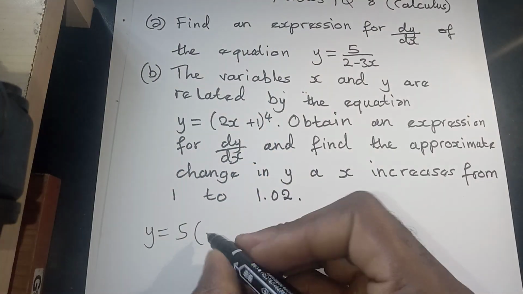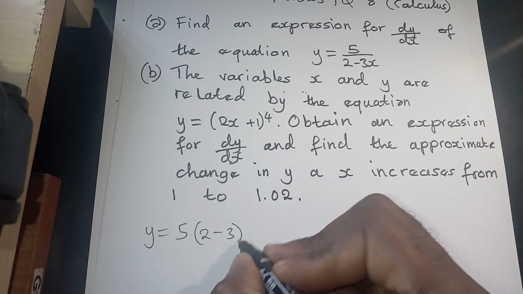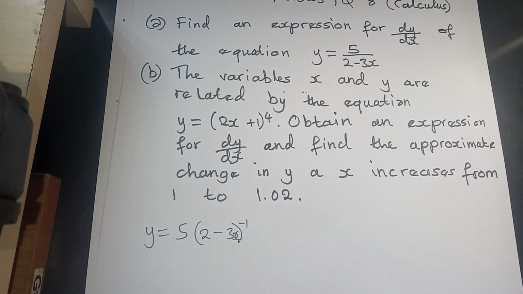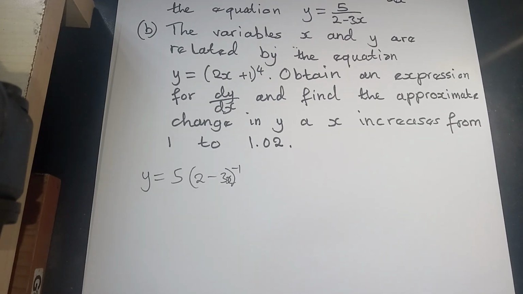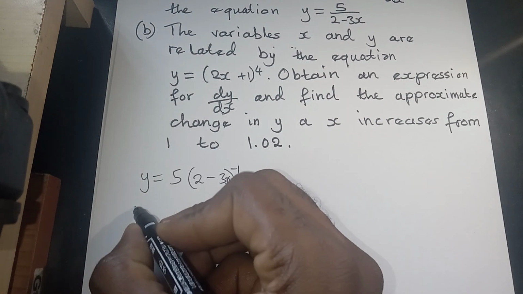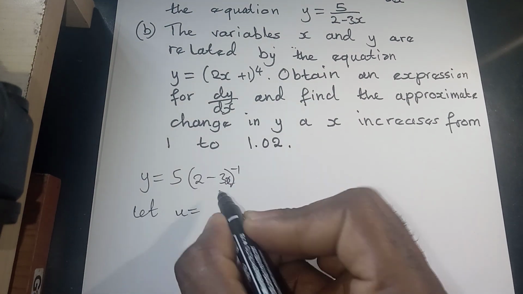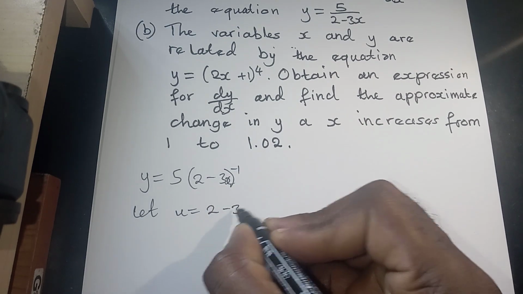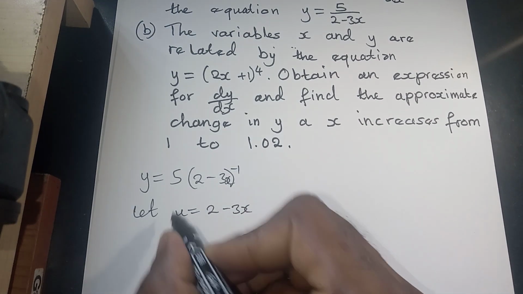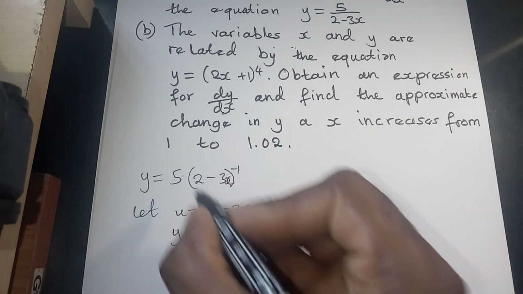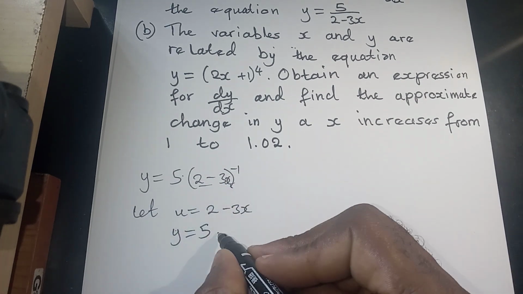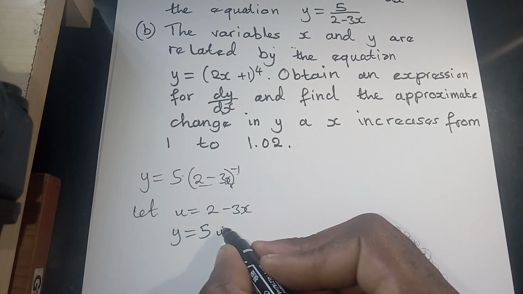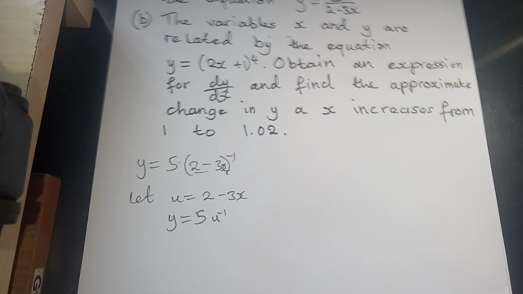You can write it in this form, 5 times (2 minus 3x) to the power negative 1. To differentiate this, you can let u be this part here, 2 minus 3x, so that y will be 5u to the power negative 1.